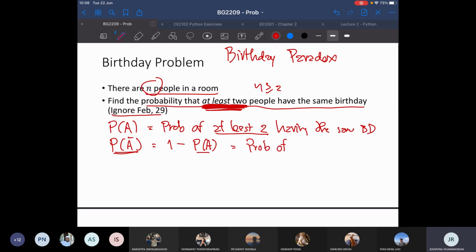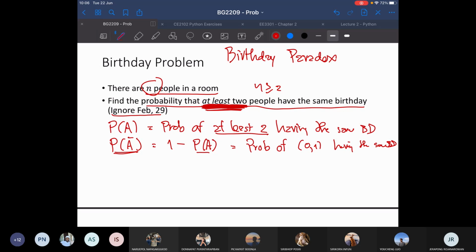What is the opposite of at least 2? It's 0 or 1 having the same birthday. Think about it: 0 or 1 people having the same birthday. 0 people having the same birthday, that's weird, right?